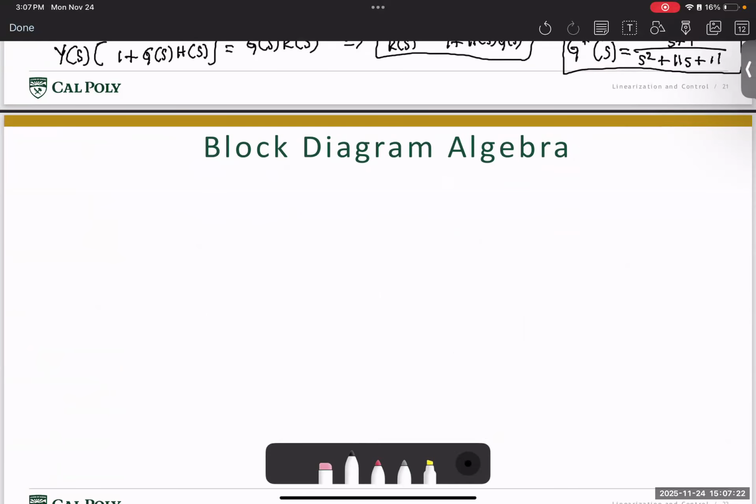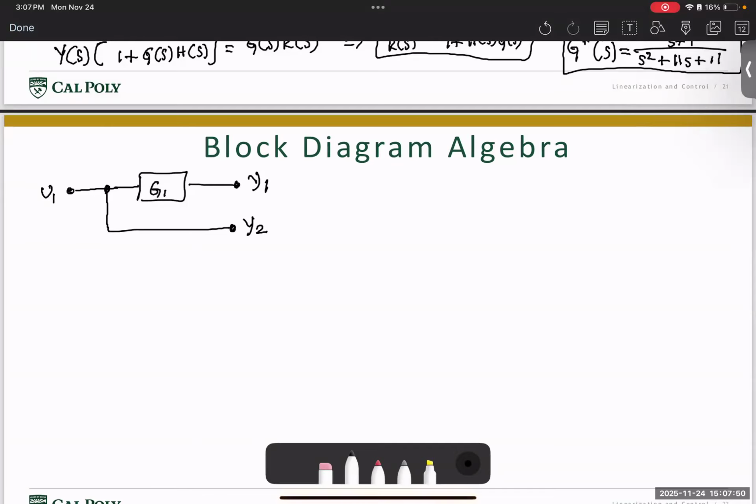Let us say I have some input u1 that I provide to my system, and this gets multiplied by some gain, I'm going to call it g1. This goes to form the output I'm going to call y1. And u1 directly goes to some output y2.